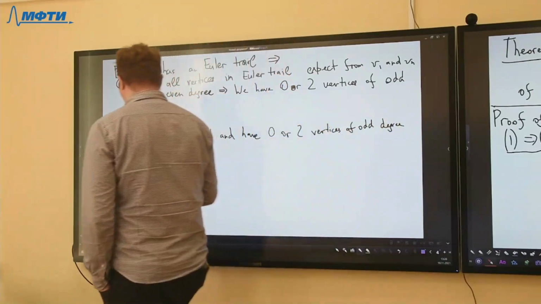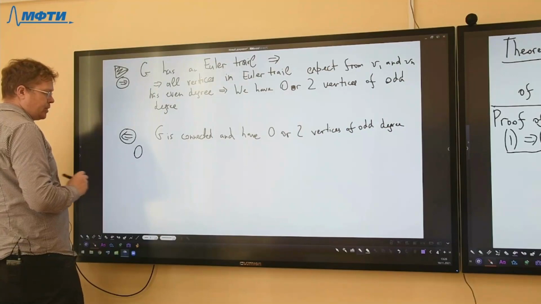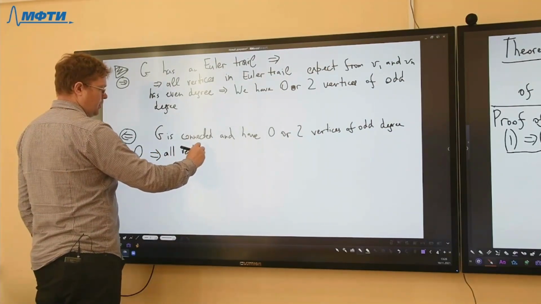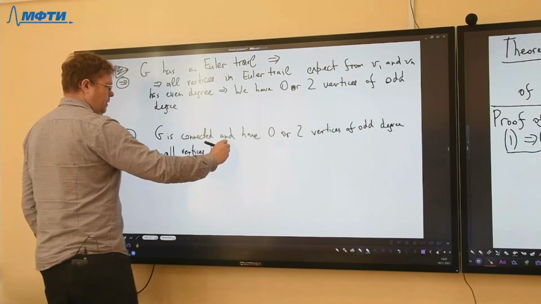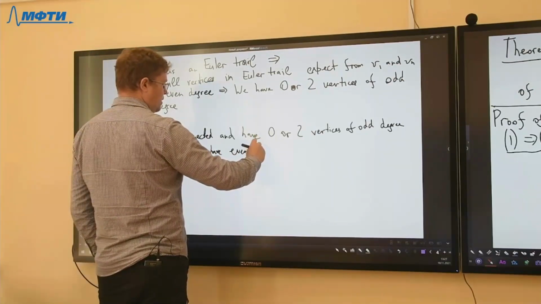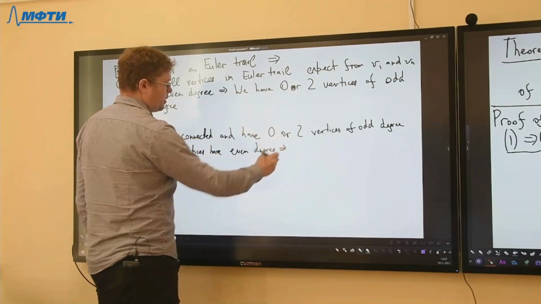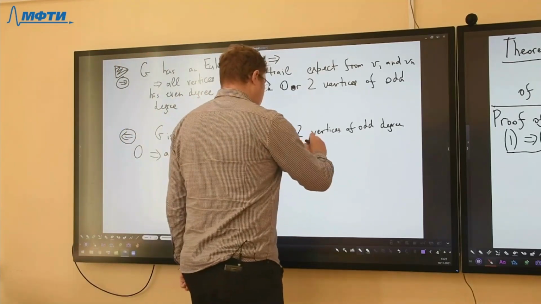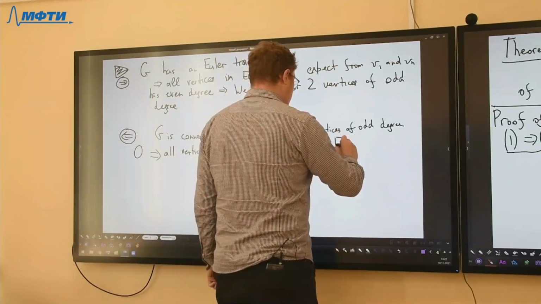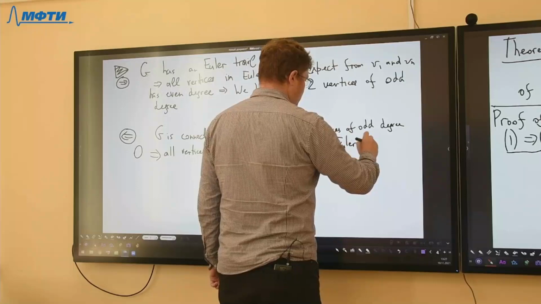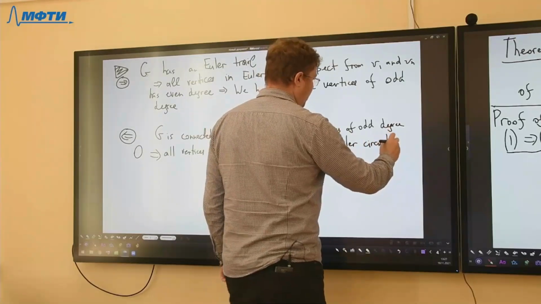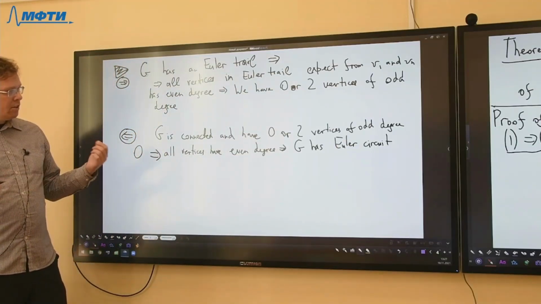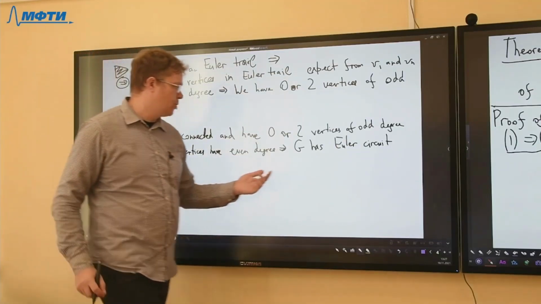Okay, so if you have 0 vertices of odd degree, that means that all vertices have even degree. And we already proved that then the graph G is Eulerian, so G has an Euler circuit. If we have an Euler circuit, of course, we can look at it as a trail, since a circuit is just a closed trail.